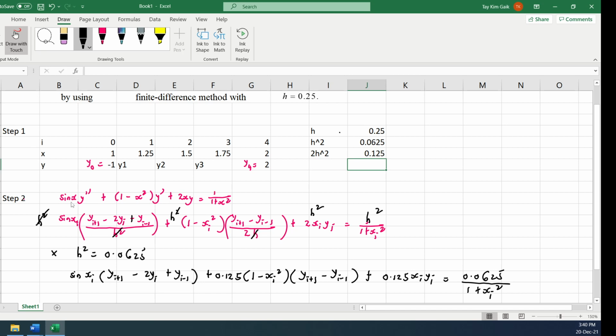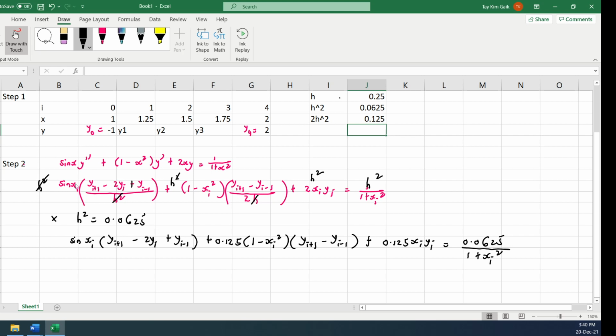Step 2 is from the ODE given, you substitute the second derivative and the first derivative, and simplify it. We normally multiply by h squared to eliminate the over h squared. So the first term you get here is sin xi (yi plus 1 minus 2yi plus yi minus 1).